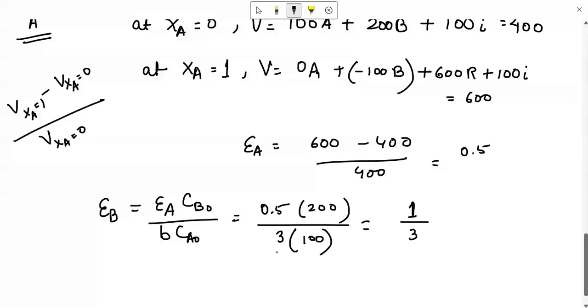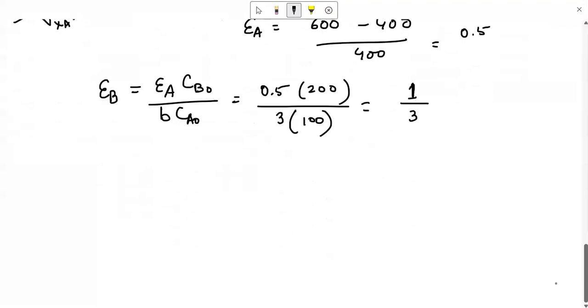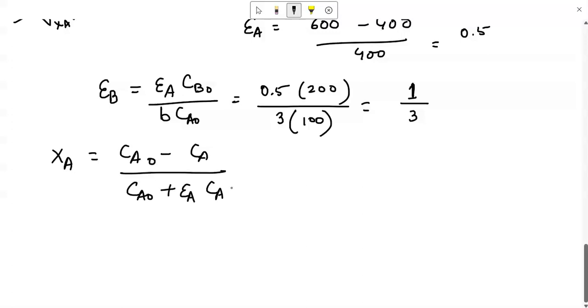Now once you have this, you can find Xa, Xb and Cb easily. Xa for a gas phase isothermal reaction is given as Ca0 minus Ca, divided by Ca0 plus epsilon A Ca.